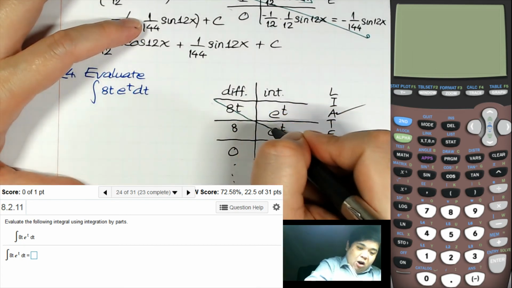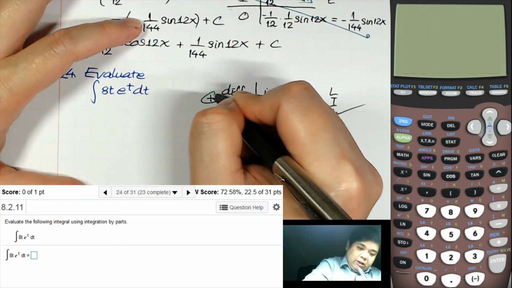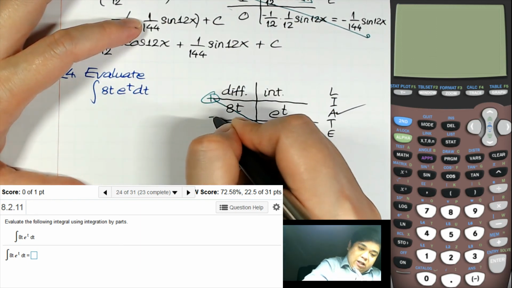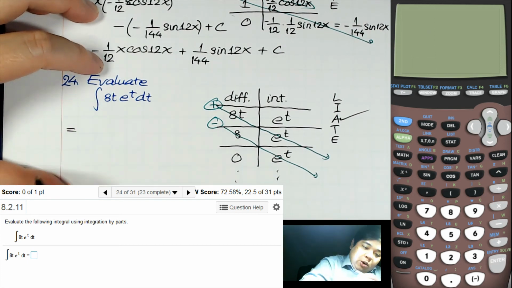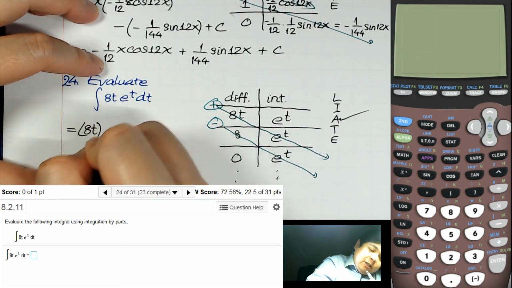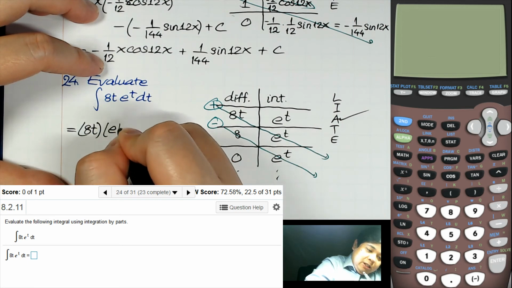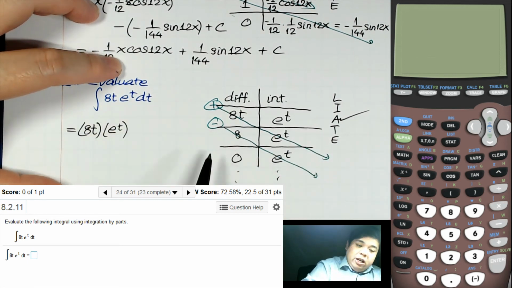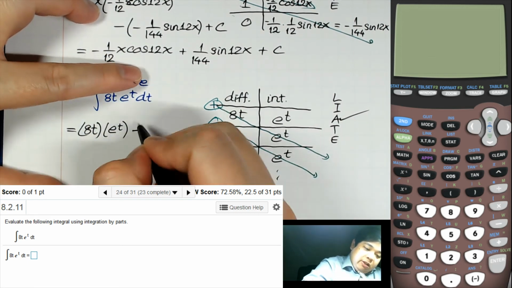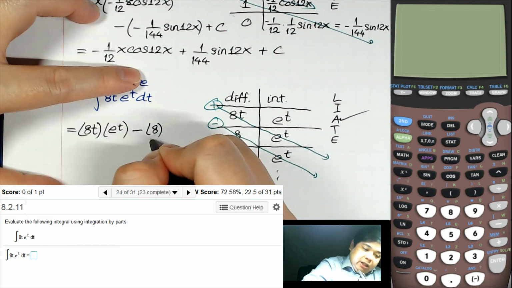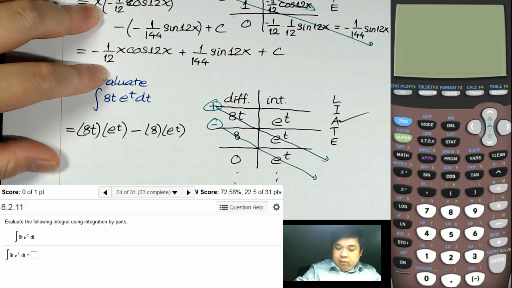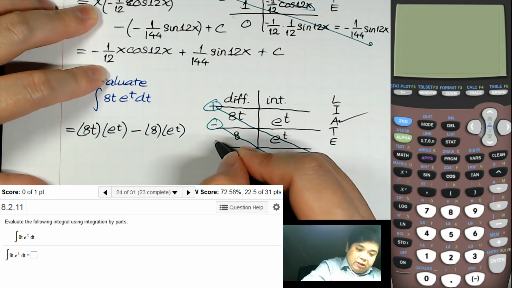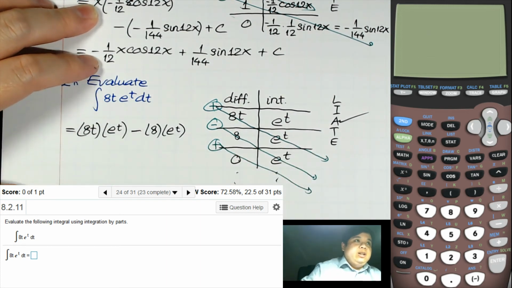Diagonals. The first one is positive, the second one is negative. So 8t times e to the t is the first diagonal. The second diagonal is negative 8 e to the t. The next one would be positive, but that would be 0 anyway.